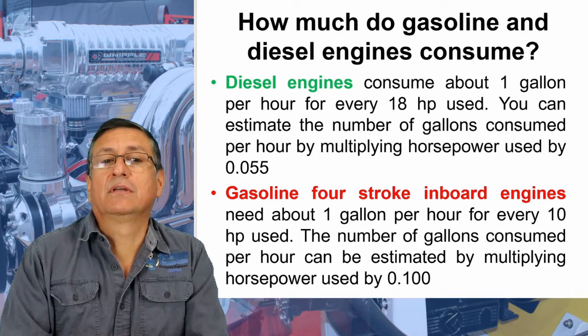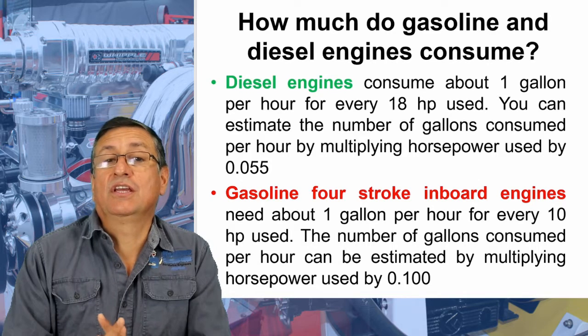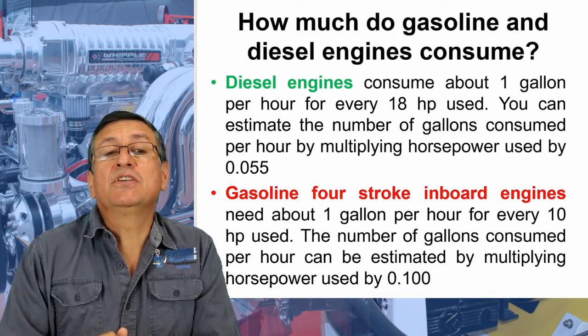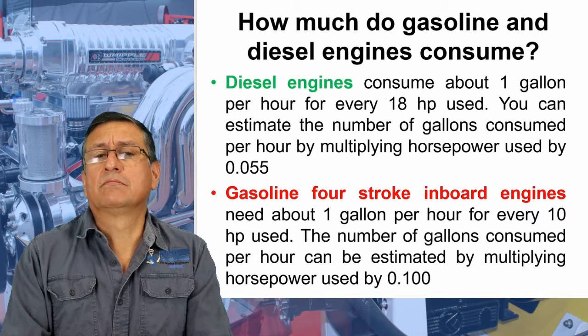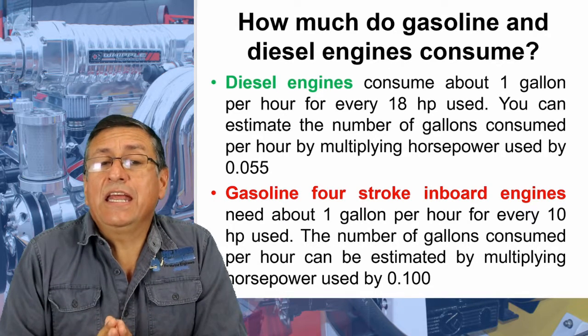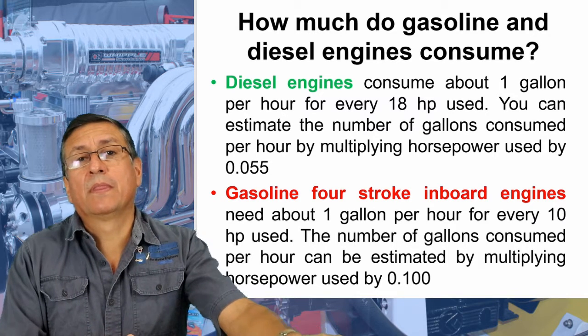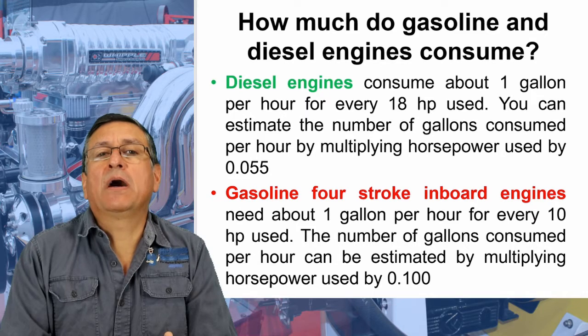In other words, in order to estimate the consumption of a diesel engine, you can multiply the horsepower of the engine times 0.055. In a gasoline engine, the gasoline engine needs about 1 gallon per hour per every 10 horsepower used.